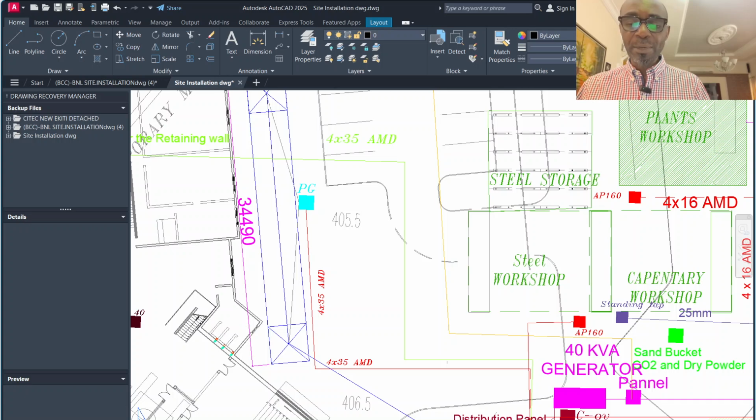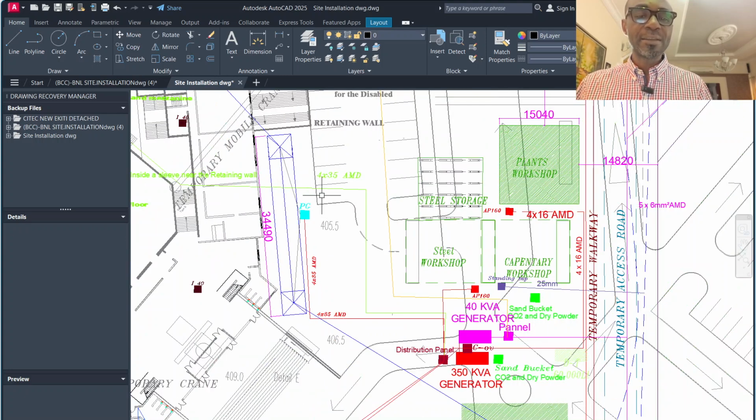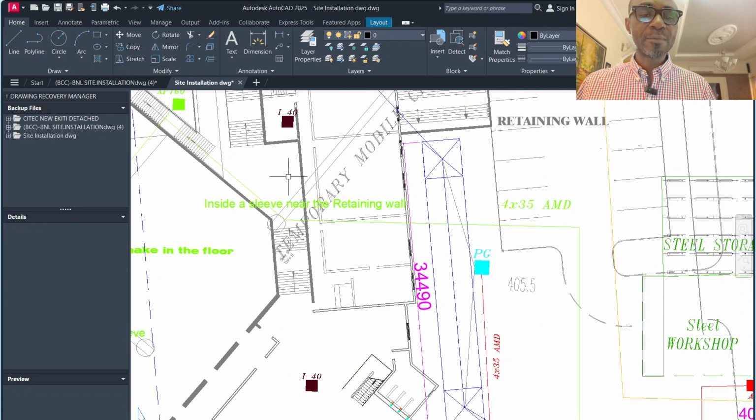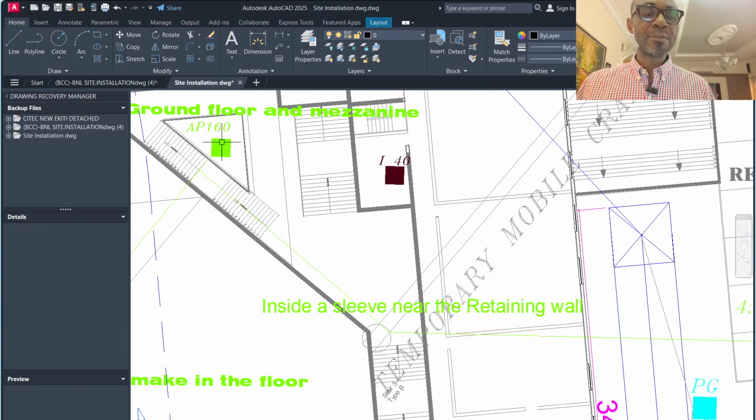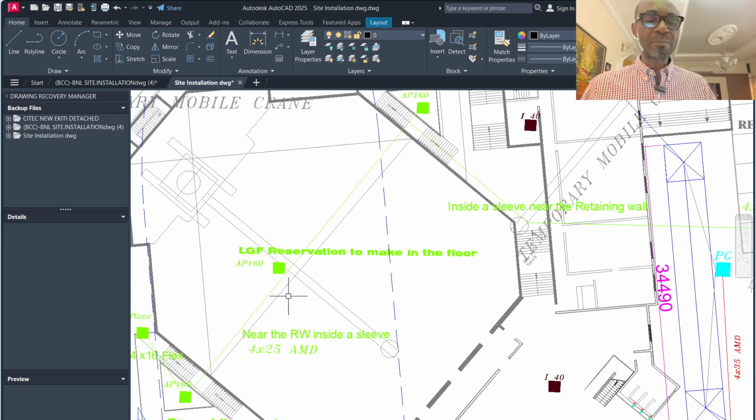Then another panel, distribution panel, goes like this and drops another panel here. Then another cable takes from the generator of 4x35 and takes the light to the AP160 panel, and AP160 panel.